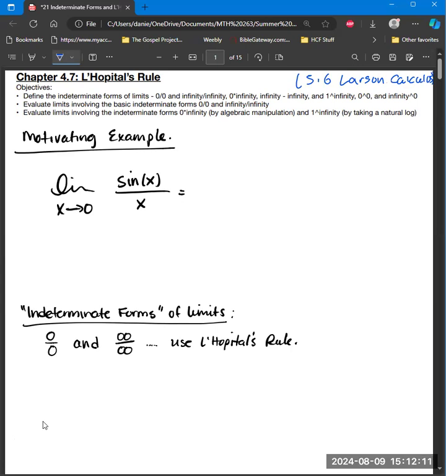So our objectives today: let's define the indeterminate forms of limit 0 over 0 and infinity over infinity, 0 times infinity, infinity minus infinity, 1 to the infinity, 0 to the 0, and infinity to the 0. We're going to evaluate limits involving the basic indeterminate forms of 0 over 0 and infinity over infinity using L'Hopital's rule.